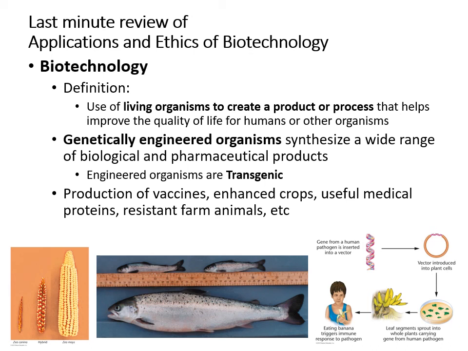So the idea behind it is to be helpful, but a lot of people are scared about it. Genetically engineering organisms has been used a lot of different ways, biologically, pharmaceutically, producing things like insulin, which is very valuable to people.